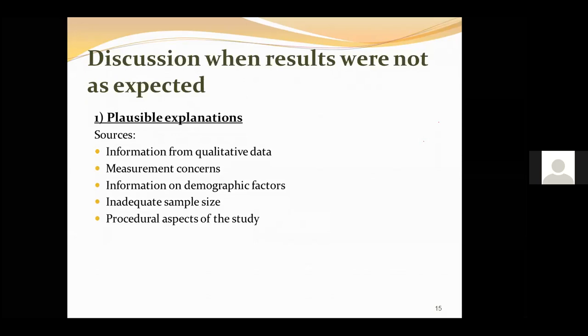Friends, what I'm trying to say is this. Failed predictions can be as important as supported predictions in a well-designed study, with adequate sample size and reliable and valid measures. Failed predictions may suggest that your original conceptual framework needs revision.